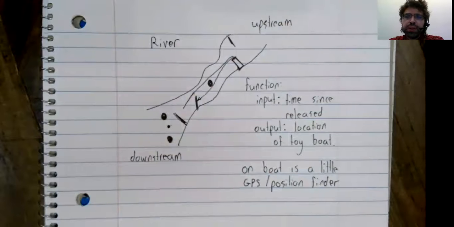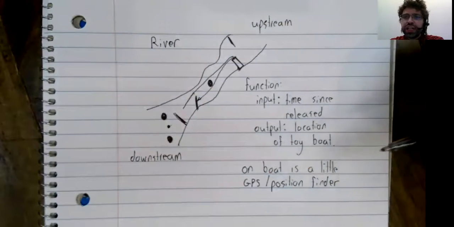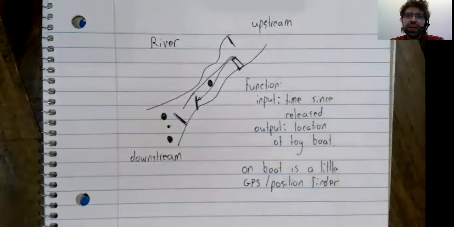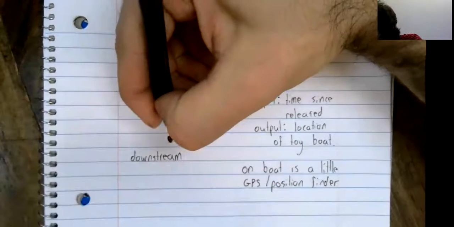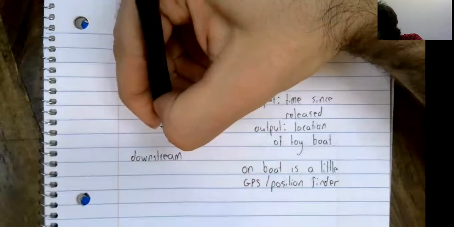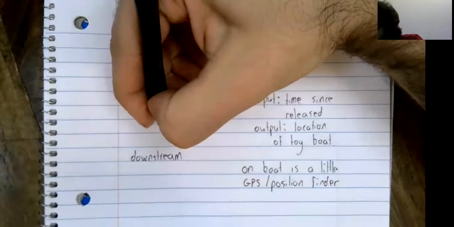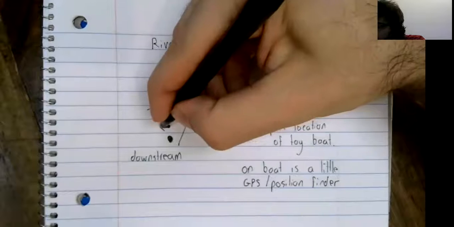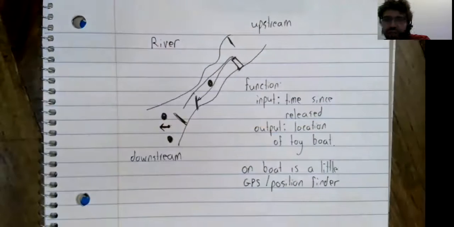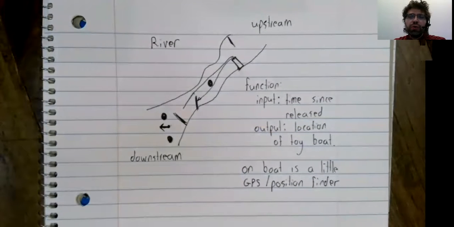And if you're keeping track of its position at time t, you're also keeping track of its speed and direction. So maybe you know the boat is traveling in this direction, and you know what speed the boat is traveling at.